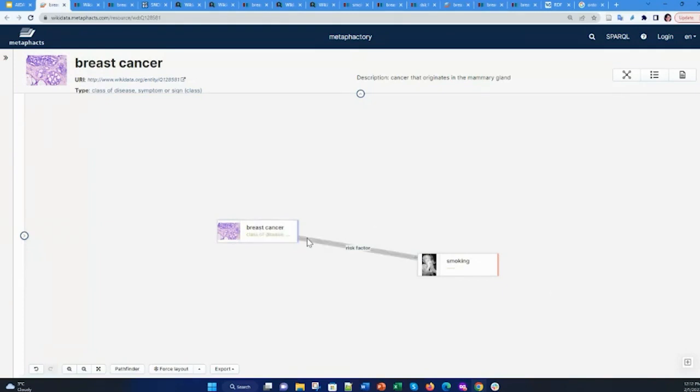It's also called link, sometimes property, in this very small knowledge graph, which contains only two nodes, one concept breast cancer and the other concept is smoking, and we have a relation between them which defines the ground truth statement that breast cancer has risk factor smoking. This very small knowledge graph can be extended with several other links.